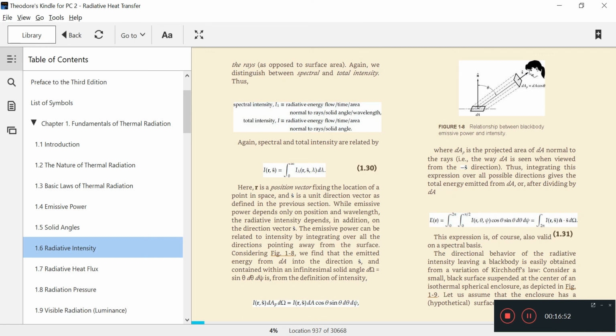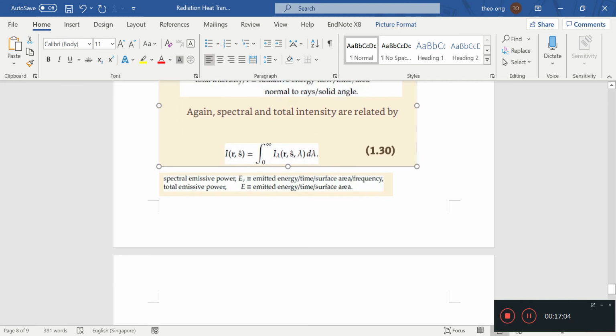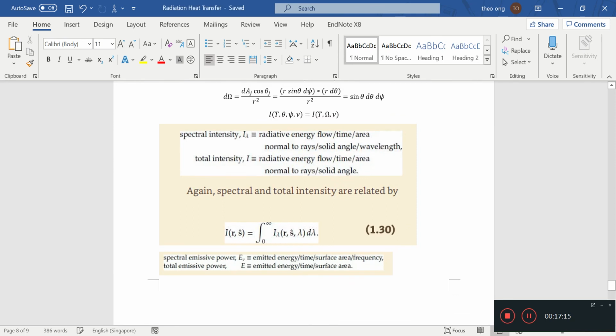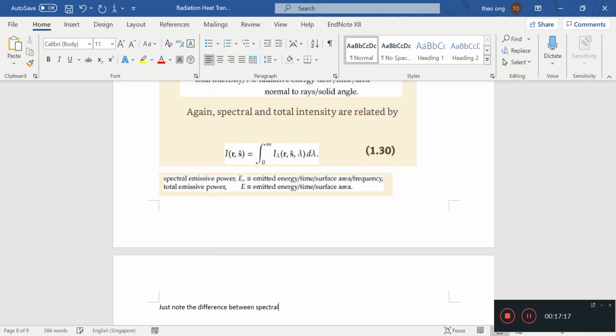If you want to integrate across all the wavelengths, you just perform integration across all wavelengths, as you see in equation 1.30, and that will be the total intensity. So just note the difference between spectral intensity and total intensity.